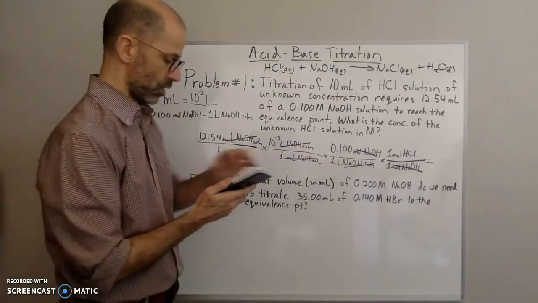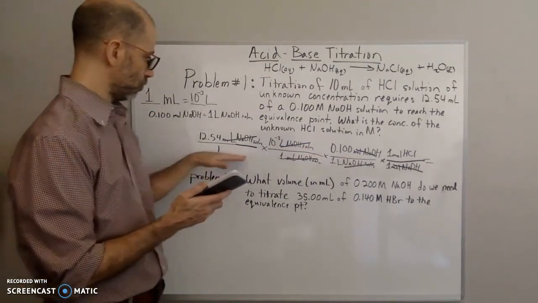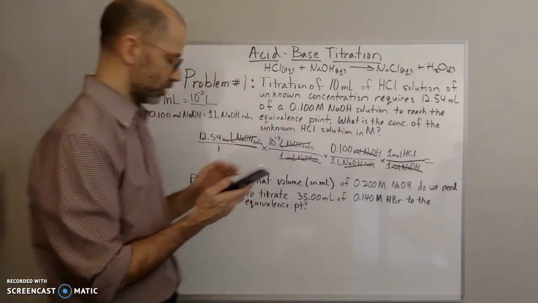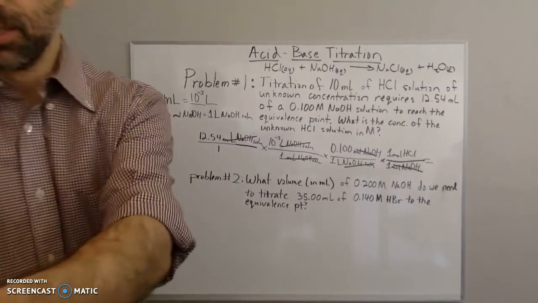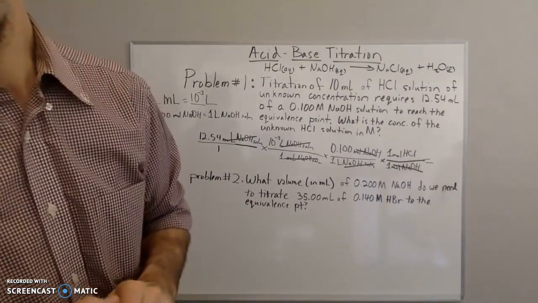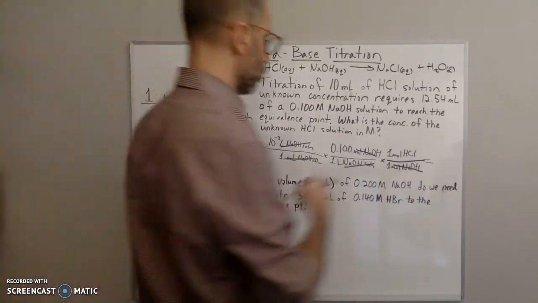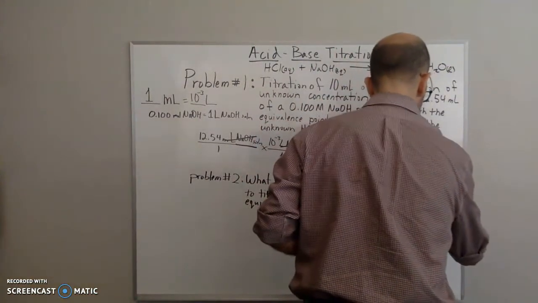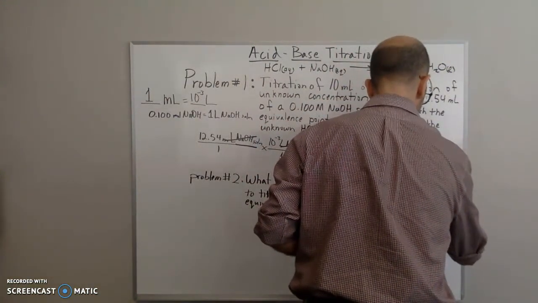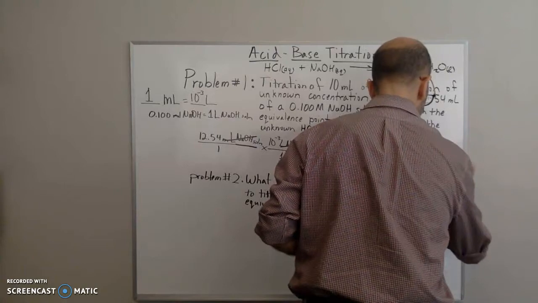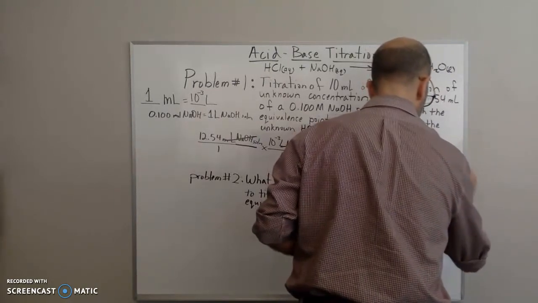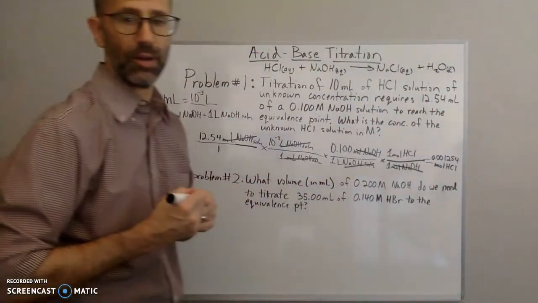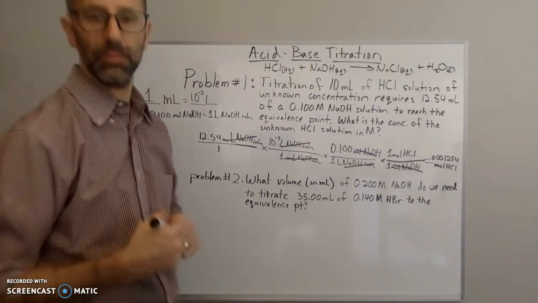And then I have 1, so I'm going to now divide by the bottom. 1, 1, 1, 1. So it's just divided by 1. And so I get moles 0.001254 moles of HCl. So now I have the moles of HCl.